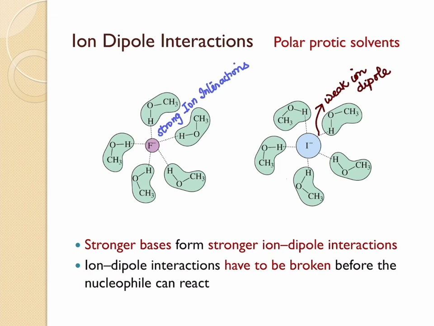So on the whole, when you take strong bases and conduct the nucleophilic substitution reaction in polar protic solvent, they are going to be trapped because they are able to form strong ion dipole interactions. And therefore, they are not very good nucleophiles. In polar protic solvent, I minus is a better nucleophile than F minus.